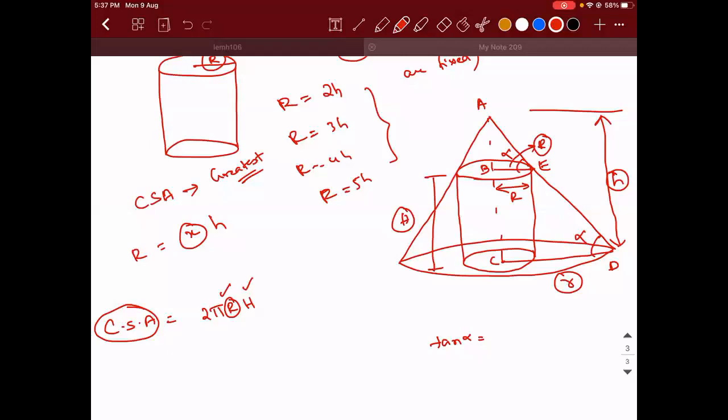Okay. So how much is tan alpha? AB by B, sir, and it's also AB equal to AC by DC.